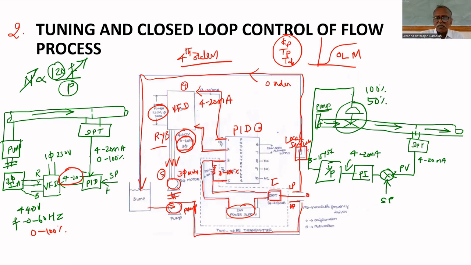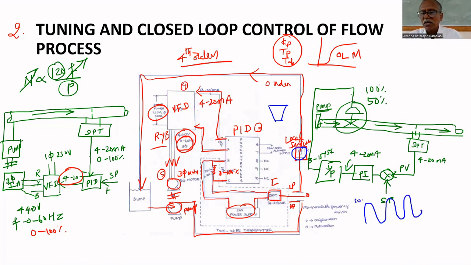In the rotameter, a float will be there, a truncated bob, to indicate the flow rate. That will go up and down. Sustained oscillation means the flow rate increases, decreases, increases, decreases, increases, decreases.